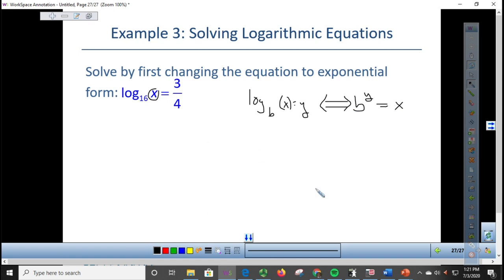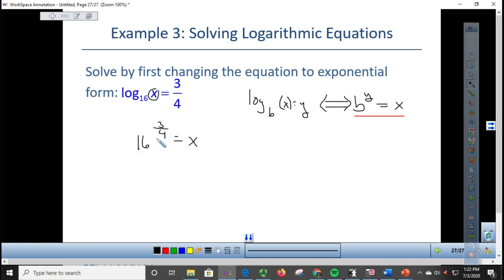Well, I'm going to rewrite it in the form of an exponent, like so. I'm basically going to say my base is 16 to the 3/4 power equals x. Now, this is going back to chapter 13, right?